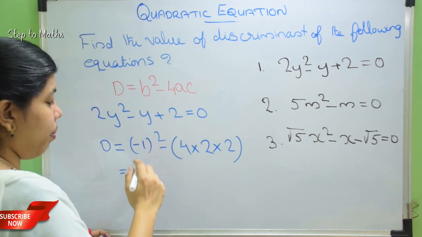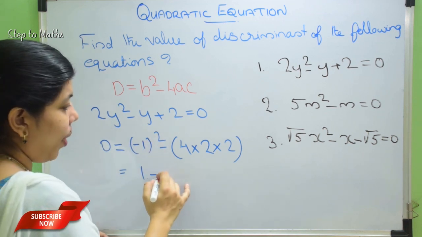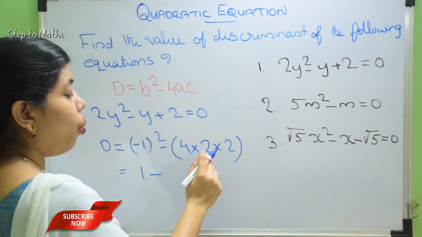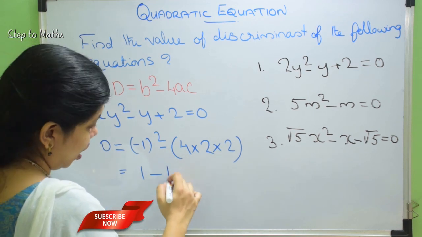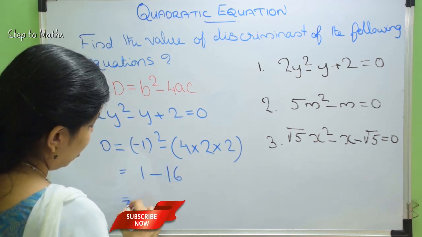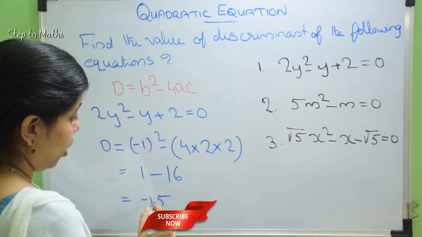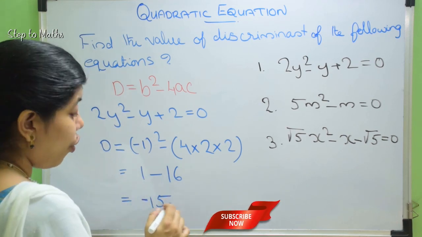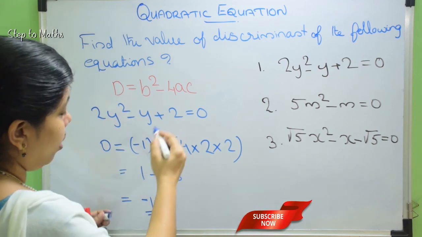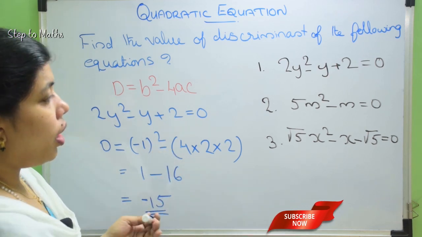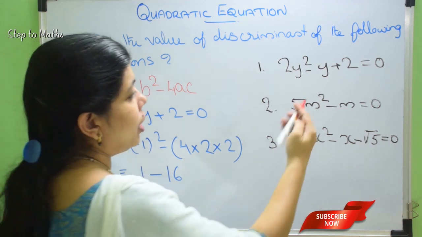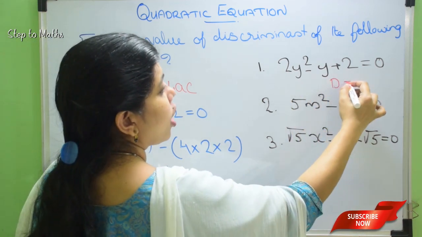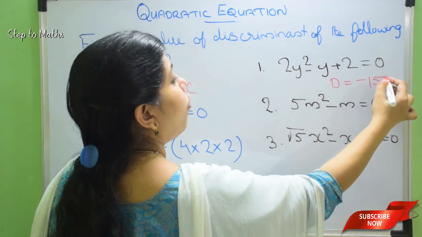Minus 1 square is 1 minus 4 into 2, 8. 8 into 2, 16. 1 minus 16 is equal to minus 15. The value of discriminant for this equation is minus 15.